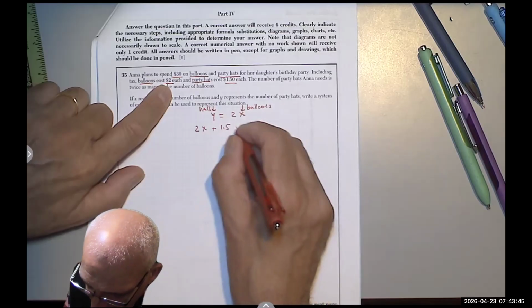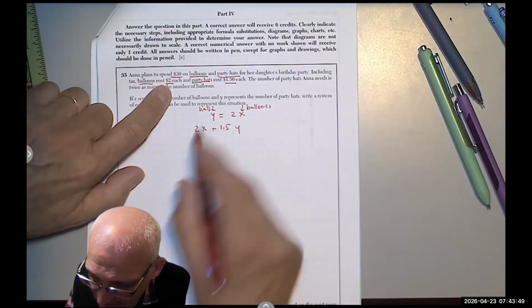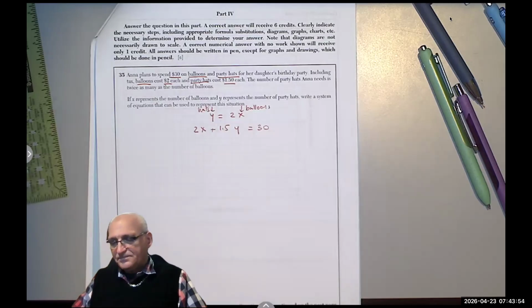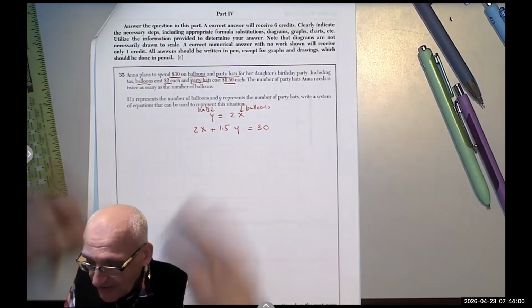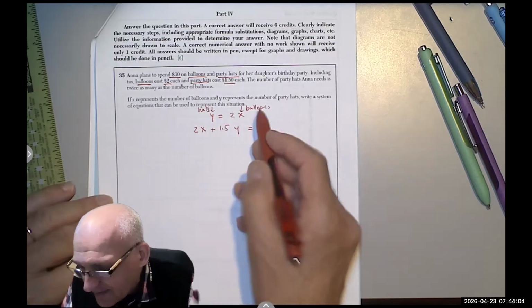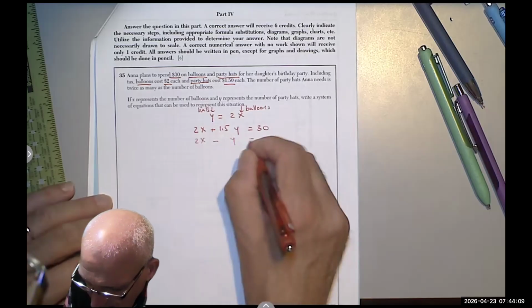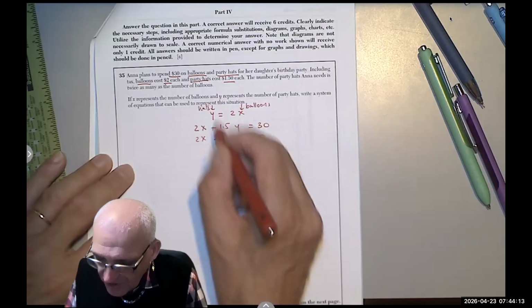So 1.5y, all of that, when she spent all this money, was $30. Okay? So now these are the two equations. You can say 2x minus y equals 0 if you want. And these are the two equations.